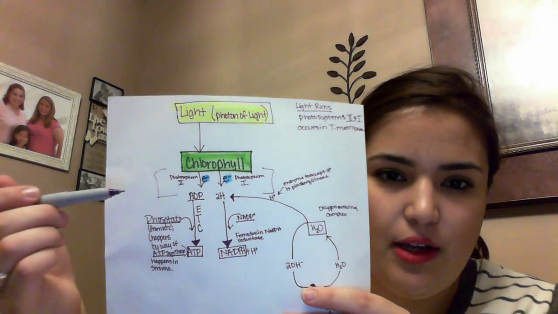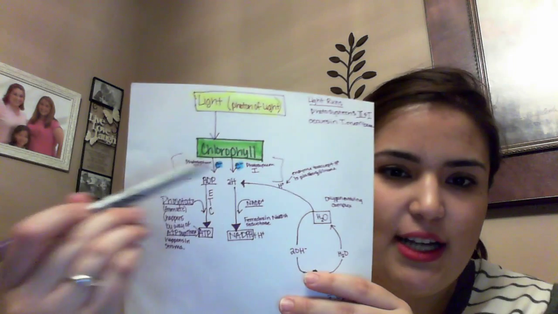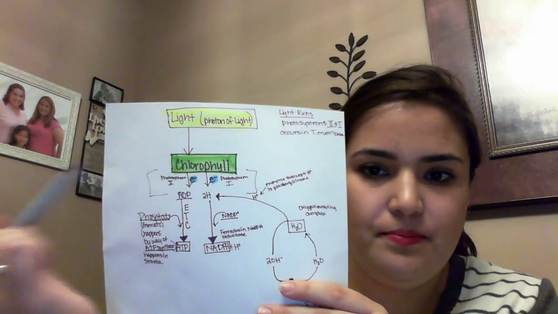That right there is going to be the complex. So these electrons can actually be thought of as electrically charged hydrogens, and that would be the cytochrome b6f complex, which I'm glad I remembered to mention.